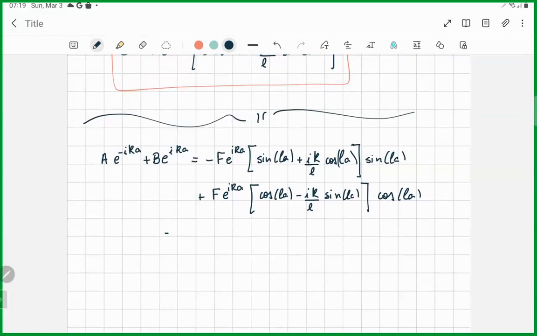So let's rewrite everything. So what do we have in common for these two, both terms? F exponential of IKA. No? And then I'm going to start from the bottom, from this part here, okay, with the positive part. So we have there cosine square of LA. In addition, we have minus IK over L, cosine and sine.